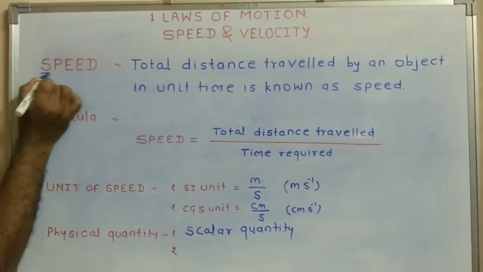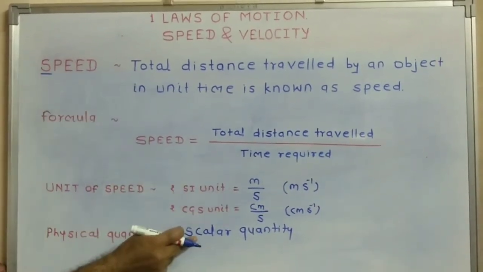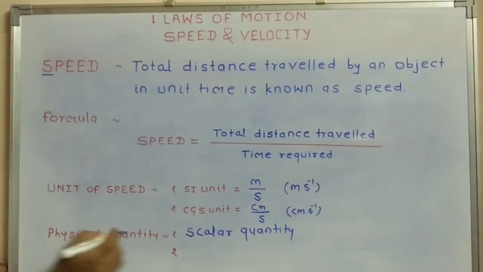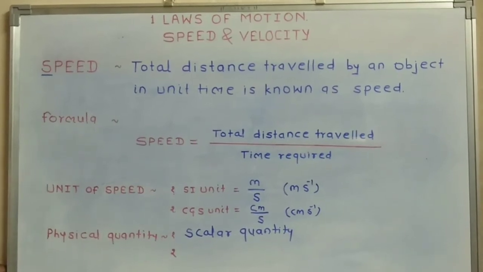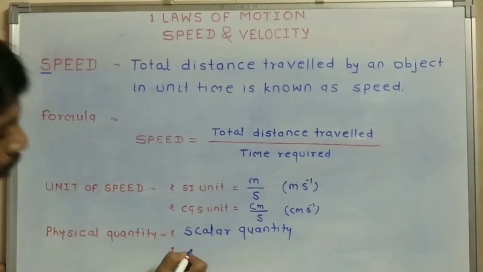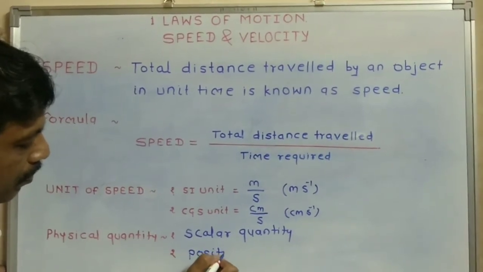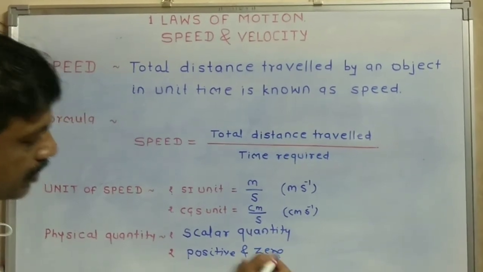You can remember it from the first letter, that is the S. S means it is a scalar quantity because it requires only magnitude. Now, when we measure the speed, speed can have only which values? Positive and 0 values.